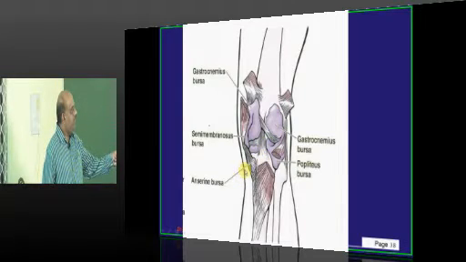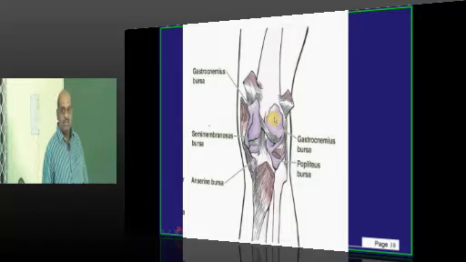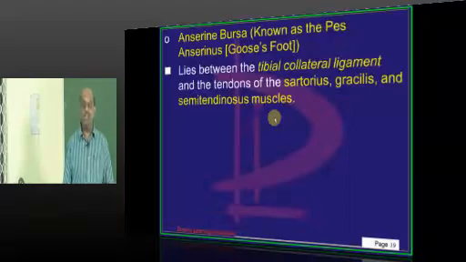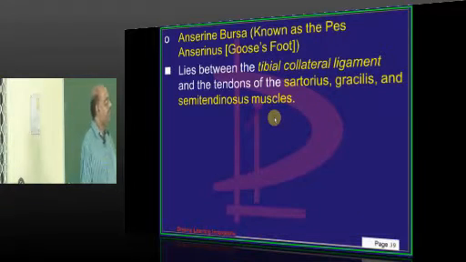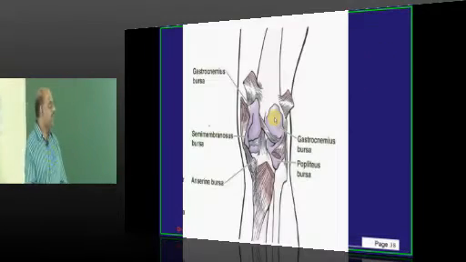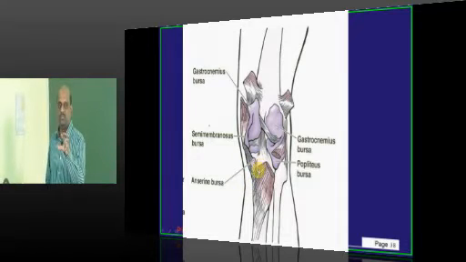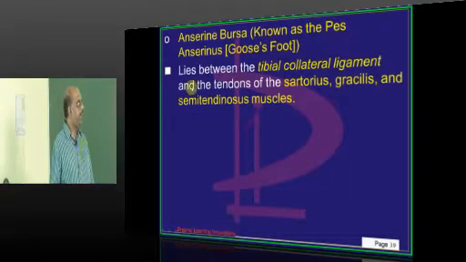Typically, we have what is called the anserine bursae. Then we have the popliteal bursa. You have a semimembranosus bursa. Then there is one gastrocnemius bursa. So many bursae are there in the back of our knee joint. Anserine bursa. What is the other name given for it? It is also called goose foot, fundamentally.